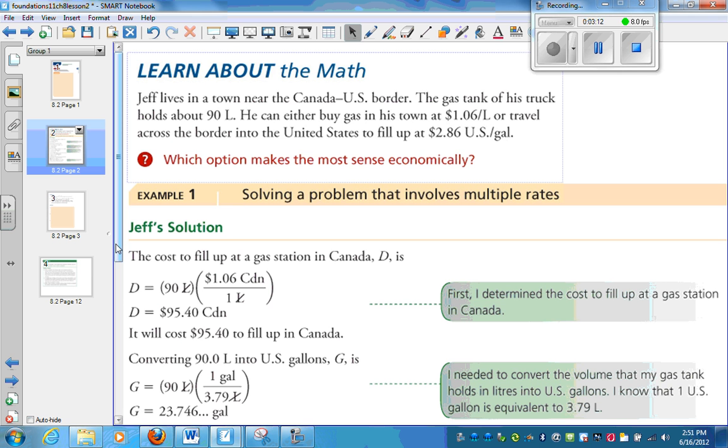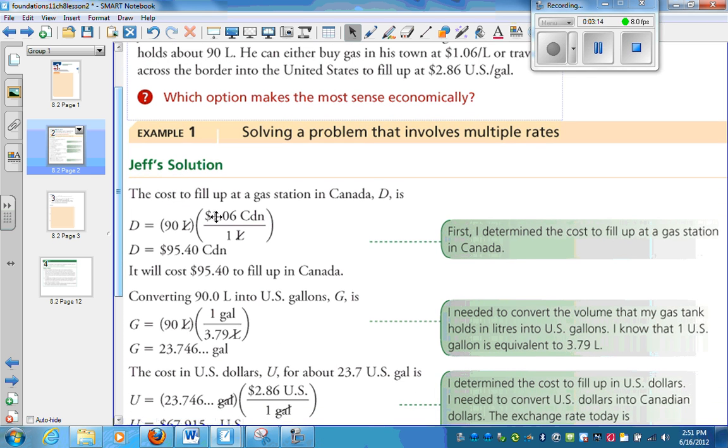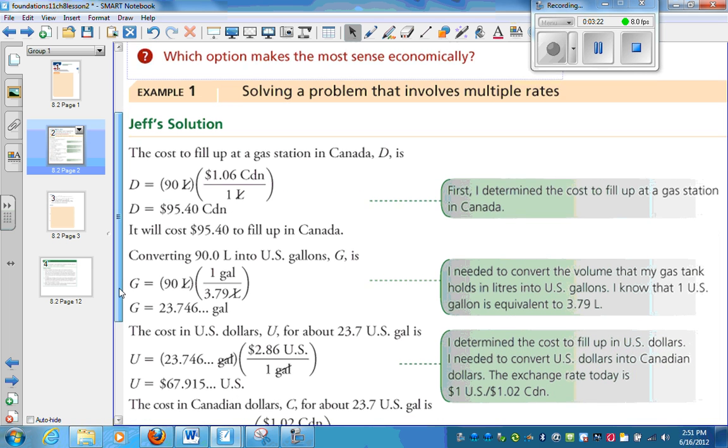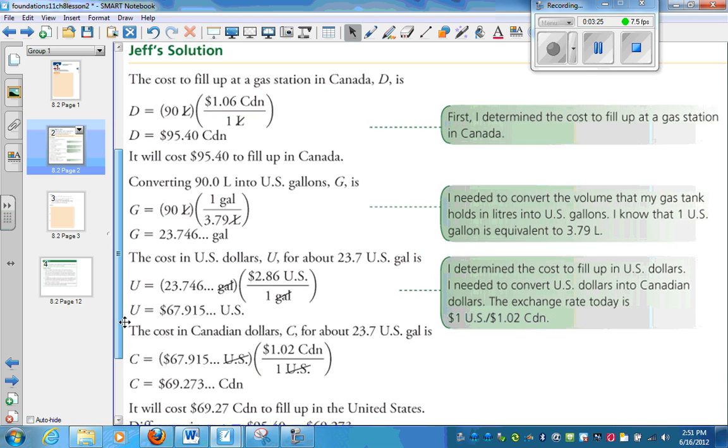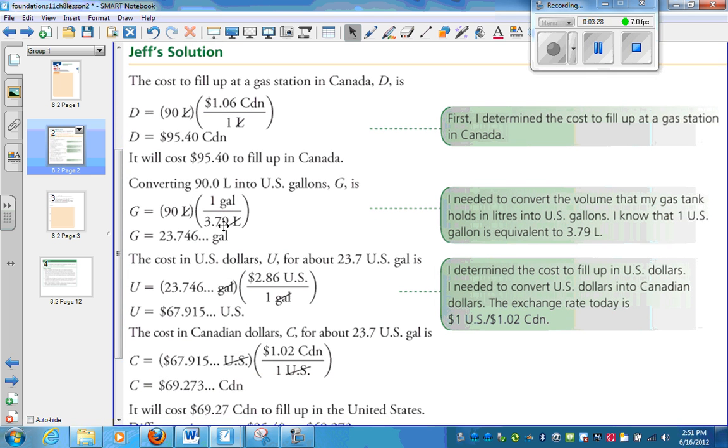The cost to fill up in Canada is 90 liters times $1.06 Canadian per liter. It's going to cost him $95. Okay, now he's going to convert that 90 liters to US gallons, and 1 gallon equals 3.79 liters. Notice liters cancel out, he wants gallons. So he needs 23 gallons.